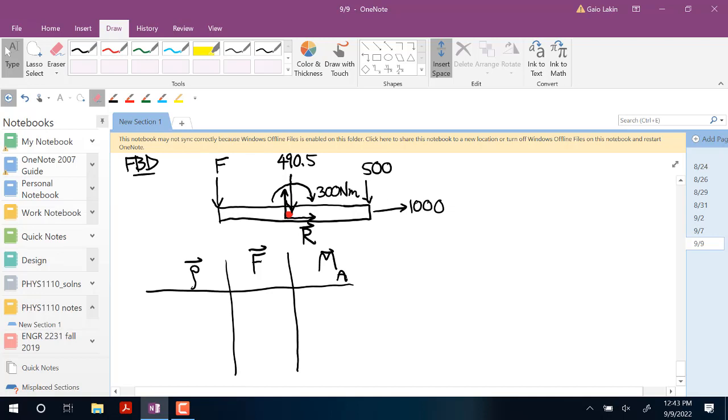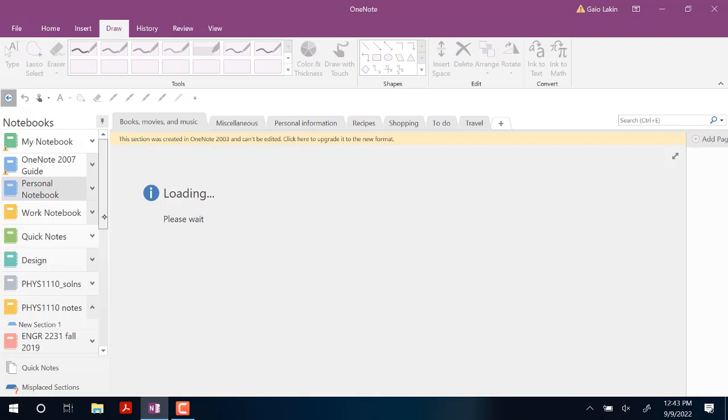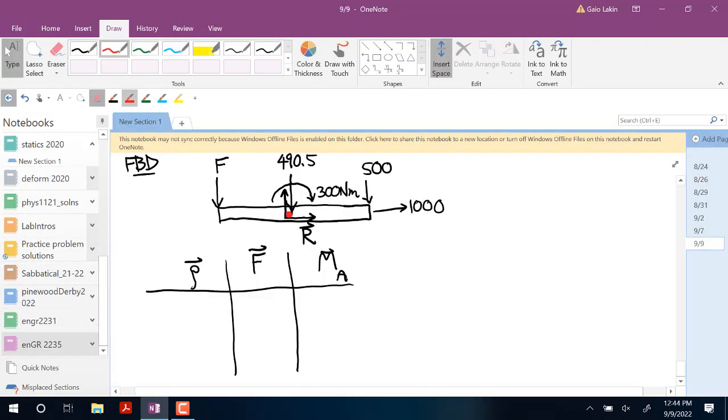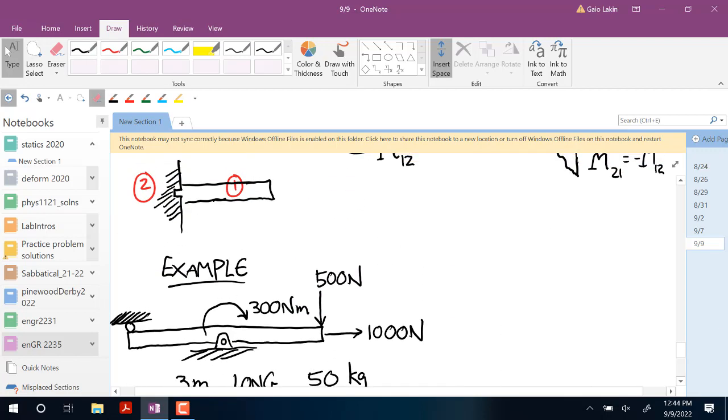Okay, so first, let's do this. You can do them as separate forces, but I'm going to treat the 500 and the 1,000 as a single force vector since they're acting at the same point. So I'm going to call this a vector of 1,000, negative 500. The vector from the about point to where those forces are applied is, what did I say this was, 3 meters?